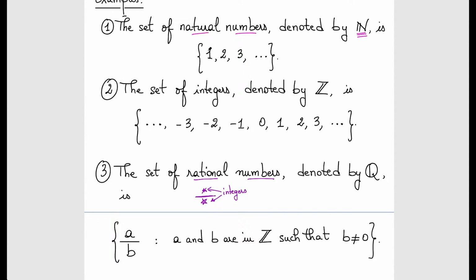But in contrast with examples 1 and 2 above, we cannot enumerate all the rational numbers. There's no pattern among the rational numbers like we had for natural numbers and integers, where you just add 1 to the preceding one to get the next one. For rational numbers, there's no pattern, so we cannot follow suit here.